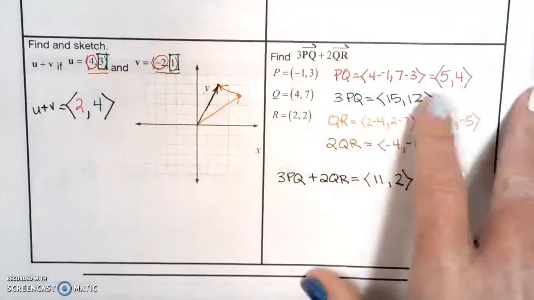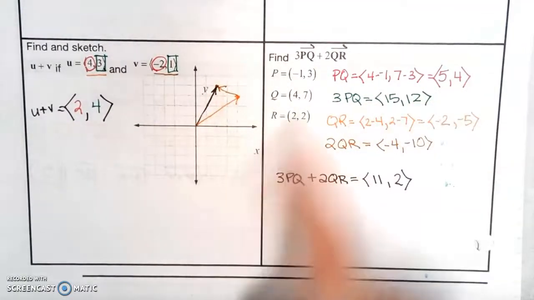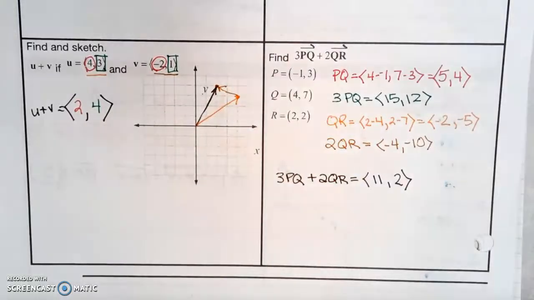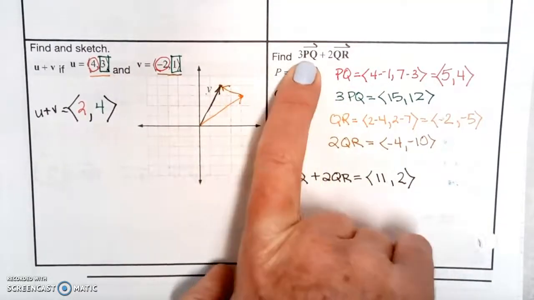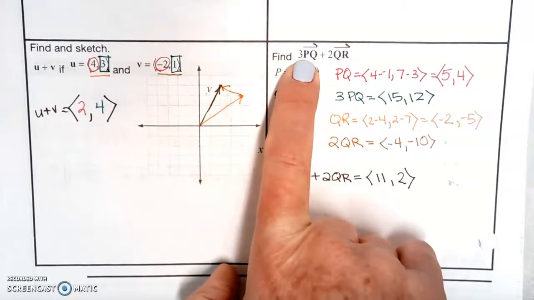Okay. All right. The last box, they want us to do a couple things here. They want us to add the two vectors, but they also have a scalar on both of them. So first, we want to get PQ. Remember, you start with the terminal, which for PQ is Q, and we need to subtract where it's going to start.